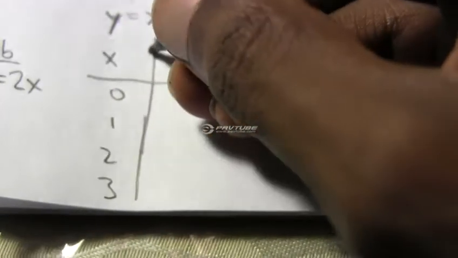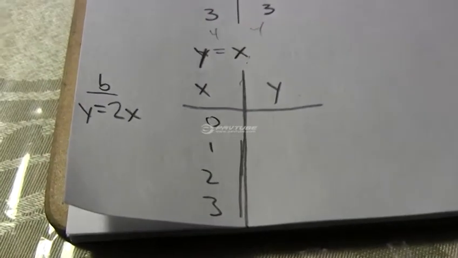Okay, and this is y is equal to 2x. Alright, so here's our x and y chart. We'll just do 0, 1, 2, and 3 just because we don't want to have to mess with the negatives. The negatives will operate under the same rules. It's just a little easier to do it this way.